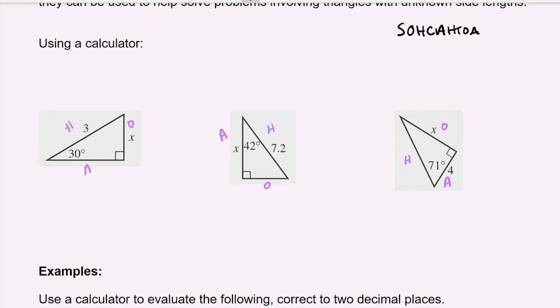So what we're going to do is decide which ratio we're going to use. For our first one, we have the opposite side for x. We have the hypotenuse included. That means we need to use the sine ratio. So that's sine theta, which is opposite over hypotenuse.